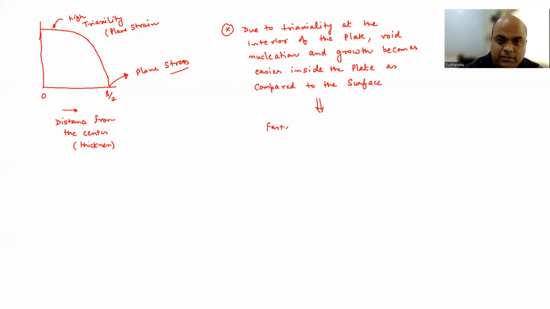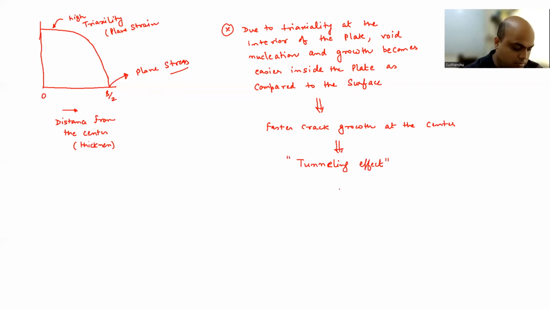So you see faster crack growth at the center, and this is what we call the tunneling effect. And the remaining ligament, I will show you the schematic. I will draw it. They are going to form shear lip.